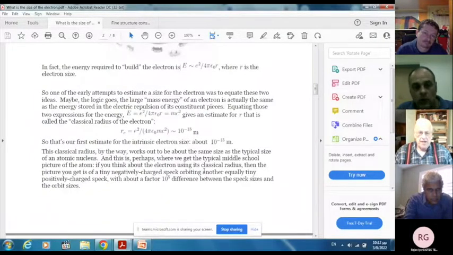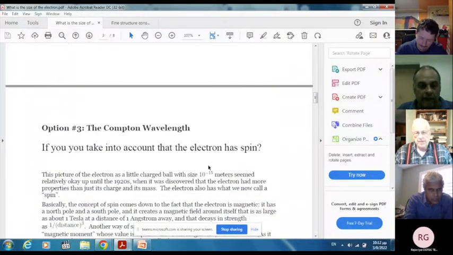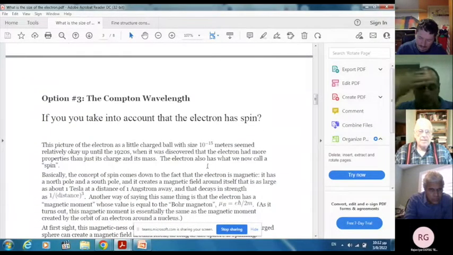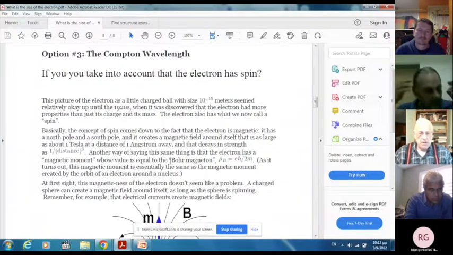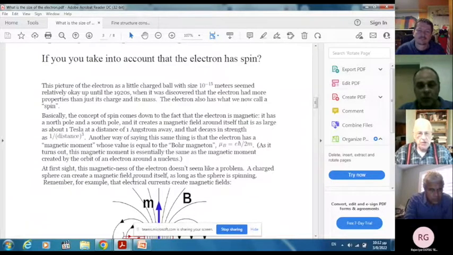And that was fine and dandy until the year 1925, where Uhlenbeck, the two Hollanders, Uhlenbeck and Goudsmit, in 1925, discovered the electron also has a spin. It behaves like a small bar magnet, and so it has a magnetic moment.